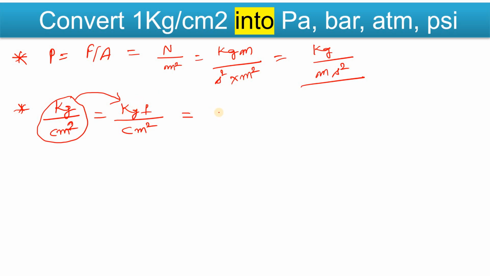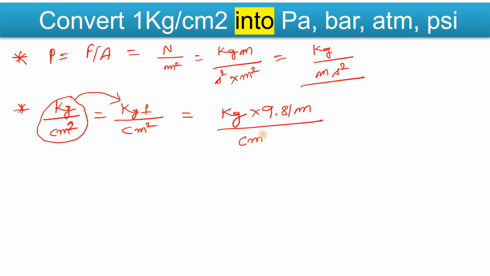The kg is simply your 1 kg. So the force, simply see here, if you want to make this formula of the pressure, what you will do is multiply the kg by 9.81, that is your acceleration due to gravity, and the unit will be meter per second square.